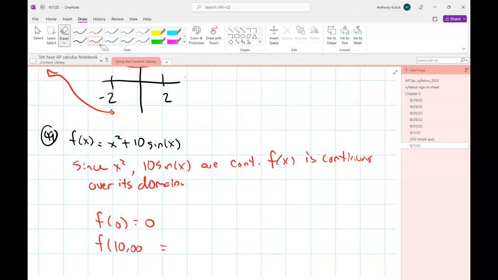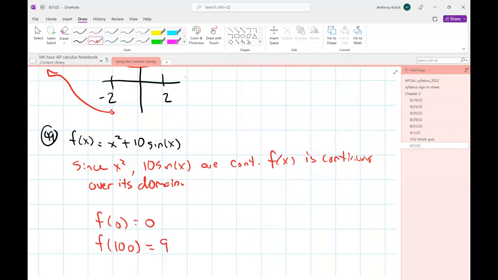Let's do f of 100. That should be enough even. But it really doesn't matter what we get here.